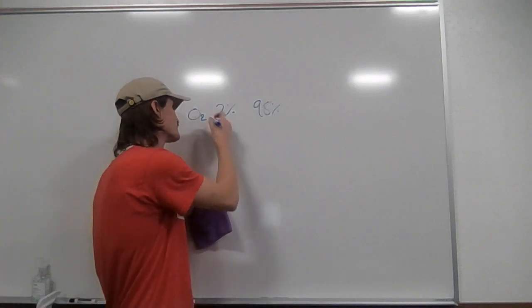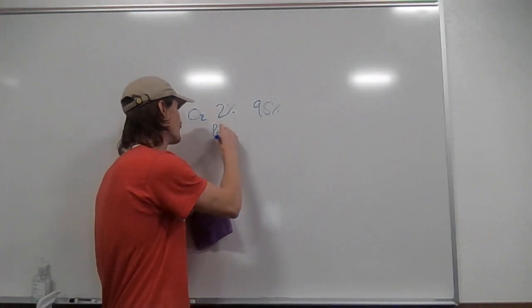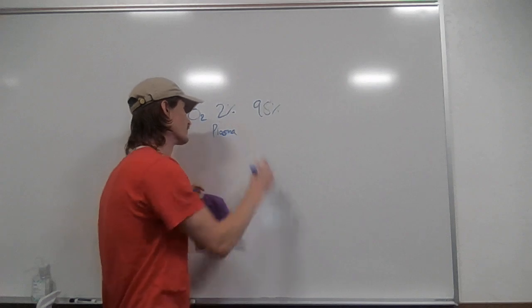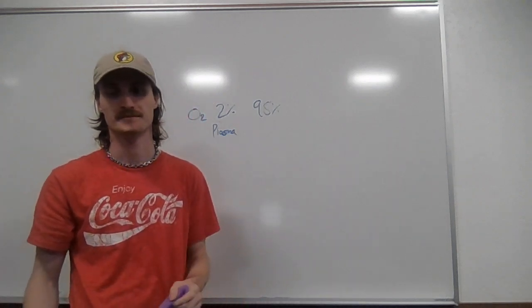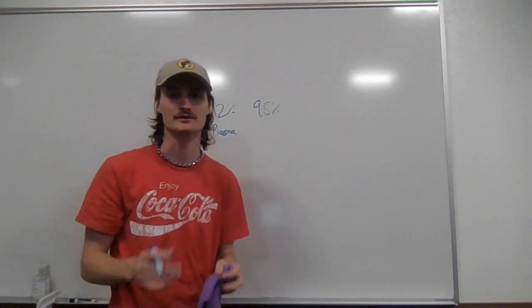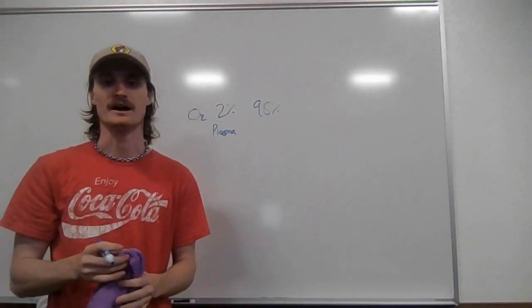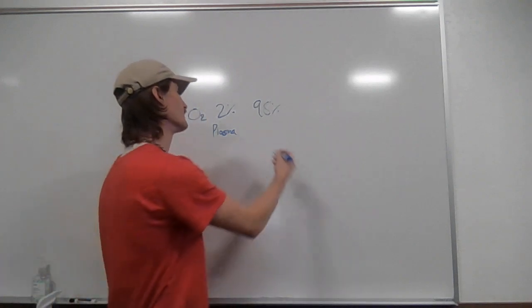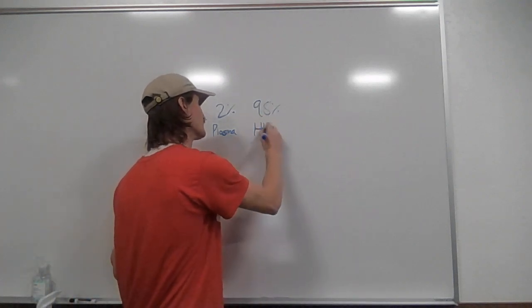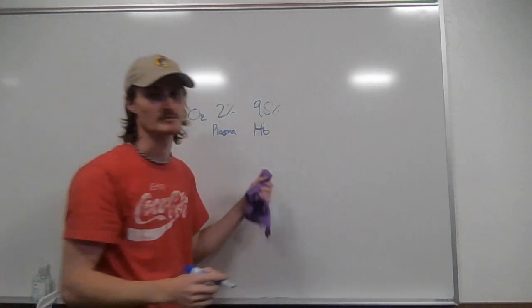So about 2% of our actual oxygen is going to be dissolved in our plasma. But the other 98% is going to be oxyhemoglobin. So each hemoglobin is going to have these 4 chains, and they can bind up to about 4 oxygen molecules. And so about 98% of our oxygen is actually bound to hemoglobin in our blood.